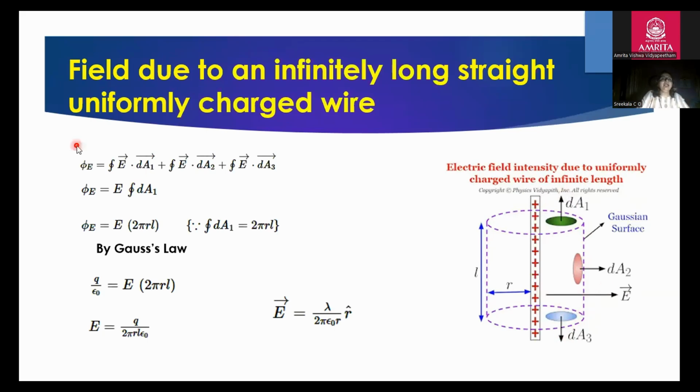So the total electric flux is given by integral E dot dA1, plus E dot dA2, plus E dot dA3. Among these, E dot dA1 is 0 and E dot dA3 is 0, since the angle theta is 90 degrees. So E dot dA2 is E into dA2.